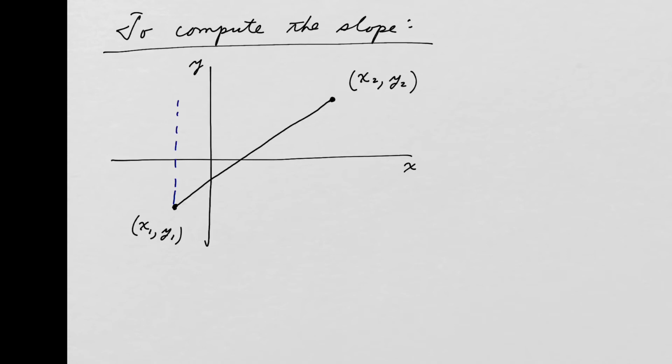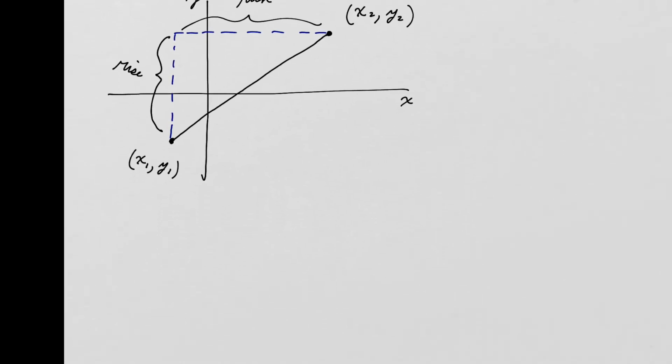Over the change in the x value, which is the run. So this distance right here is the rise, and then this distance right here is the run.